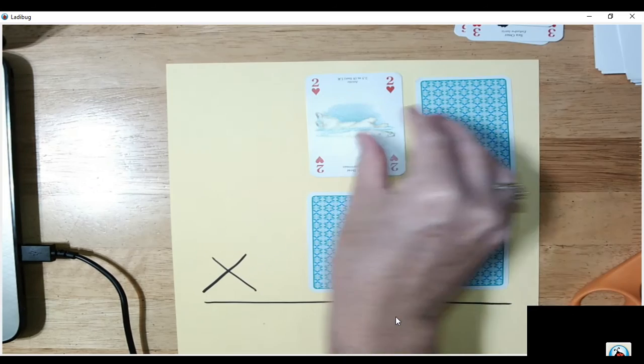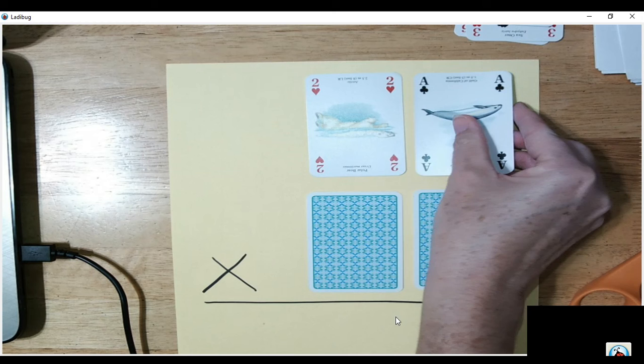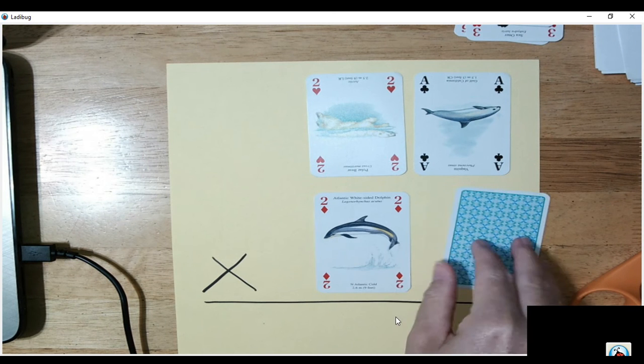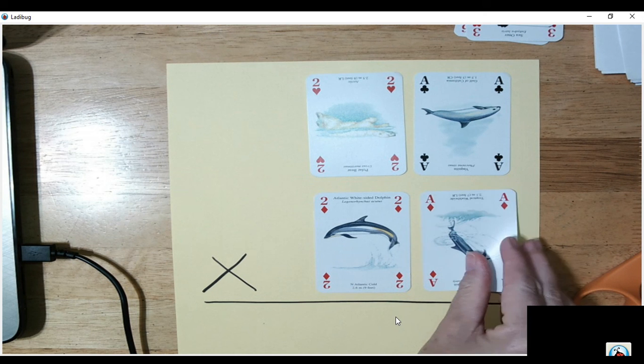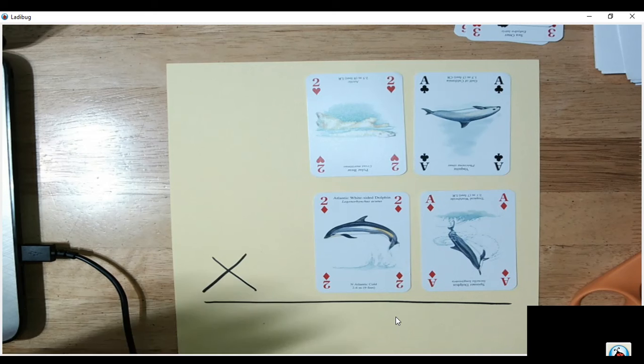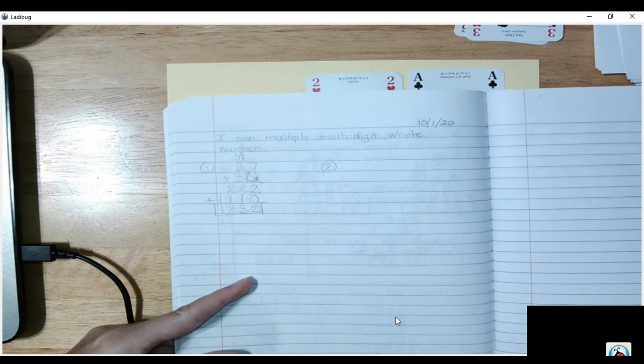Turn them over. I have 21 times, these are easy, 21 times 21. How cool. Then I would solve in my journal 21 times 21.